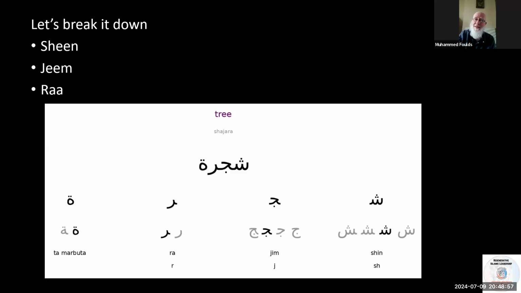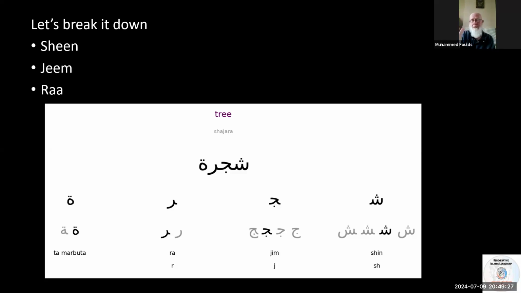Each letter is descriptive. So the letter Sheen means to spread, to disperse. The letter Jim means to assemble and to join. And the letter Ra means order.